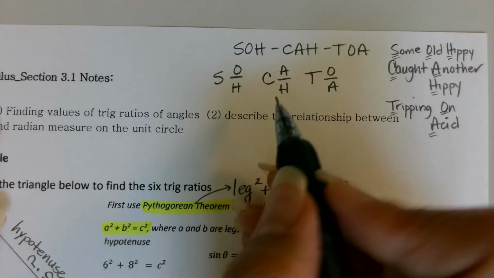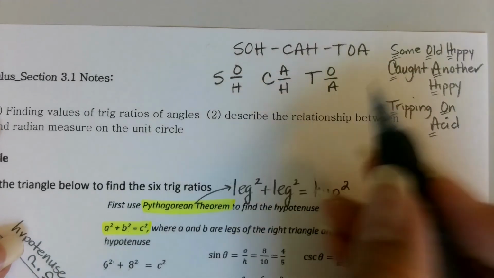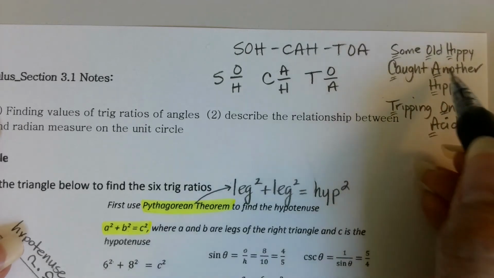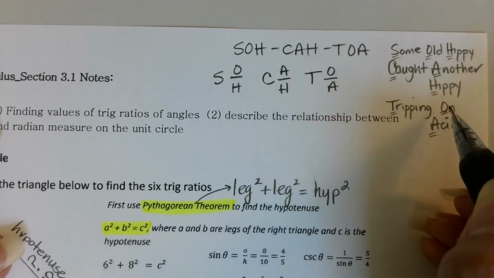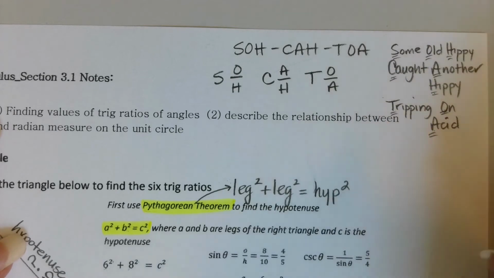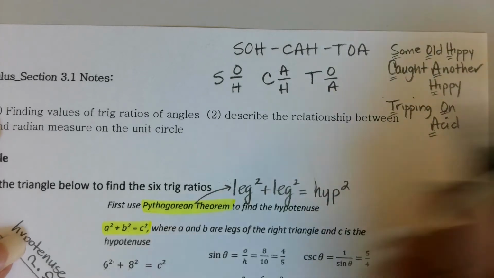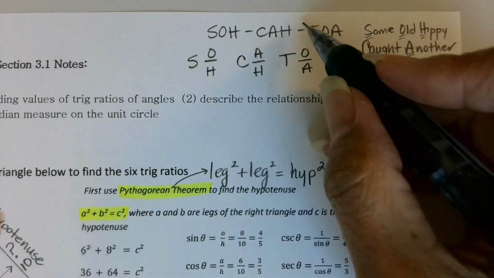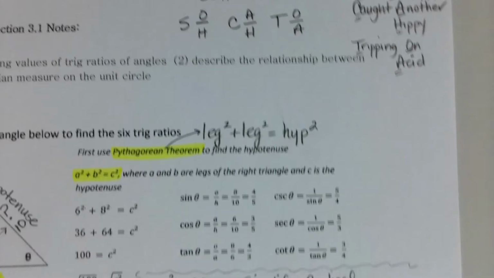Okay, and so that's another way students write it, and they use that other mnemonic that I just told you. Some old horse, caught another horse, taking oats away. I guess horses like oats or something. Okay, anyhow, whether you use a mnemonic device or not, please make sure you guys know those for your future.